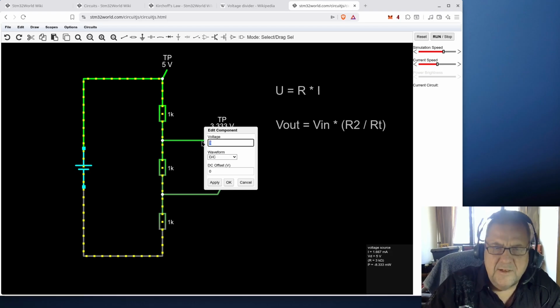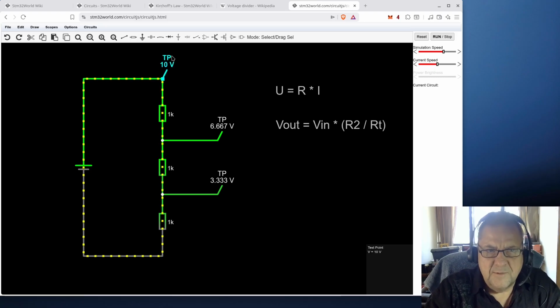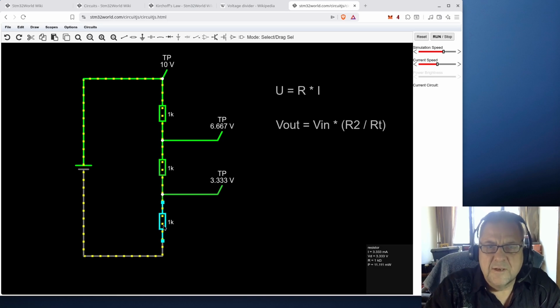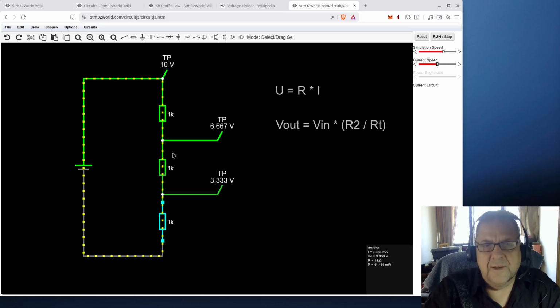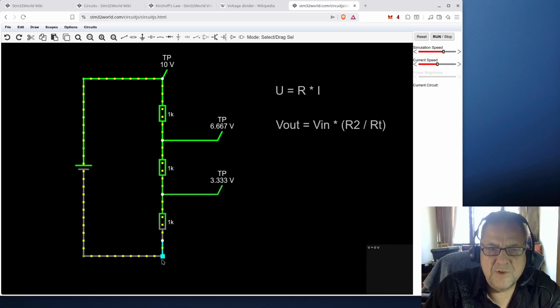Actually, let me change that to 10 volts because it's easier to calculate in my head. So we have a 10 volt supply. That means we have 10 volt up here. I have added a test point, and then we have a series of resistors, all the same size, all 1 kilo ohms, and that means we have a complete circuit.